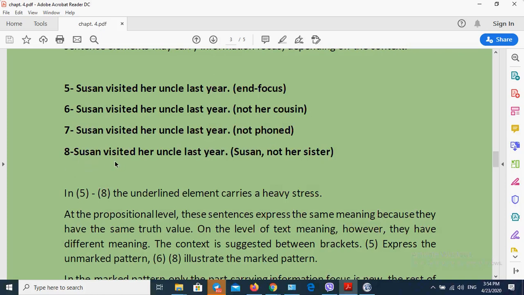Number 8, we have here Susan visited her uncle last year. Susan, and not her sister. Here we have the same sentence, but a different construction. According to this sentence, you can hear that if you don't focus, Susan visited her uncle last year, not her cousin.